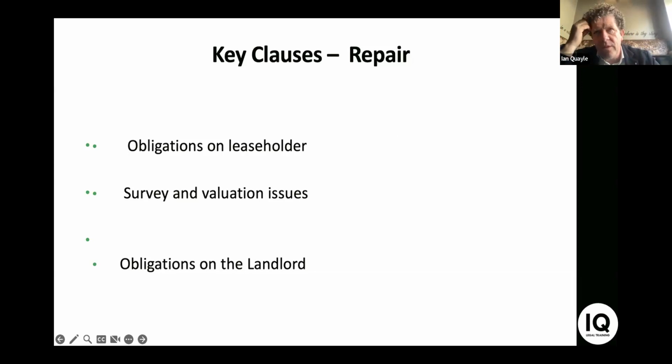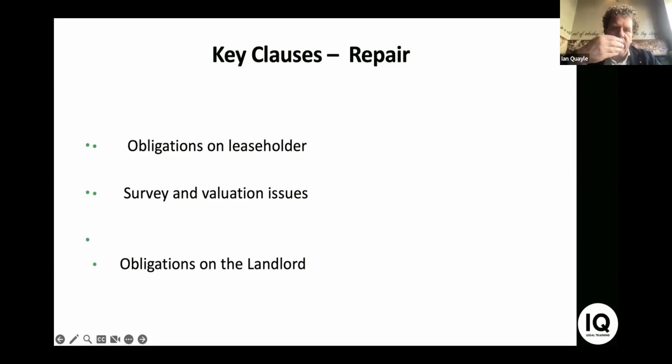But a level 3 survey is going to contain more information about the state and condition of the building, as well as the state and condition of the flat or apartment. So it might give us a heads up with regard to potential problems associated with landlord disrepair, which I'll come on to in a moment or two. So I repeat, the RICS Consumer Guide to Survey and Valuation is a very useful piece of information to give to clients generally.